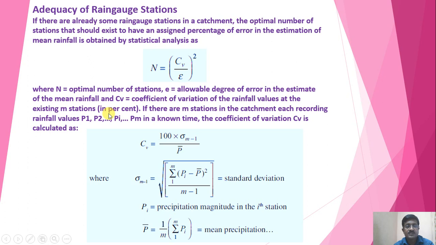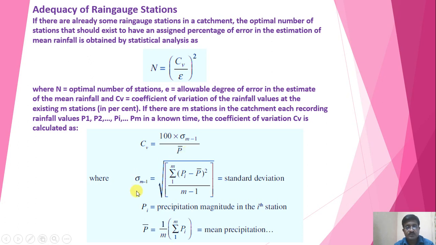M stations, in percent. If there are M stations in the catchment, each recording rainfall values P1, P2, Pi to Pm in a known time, the coefficient of variation CV is calculated as CV = 100 × σ(m-1) / P bar.